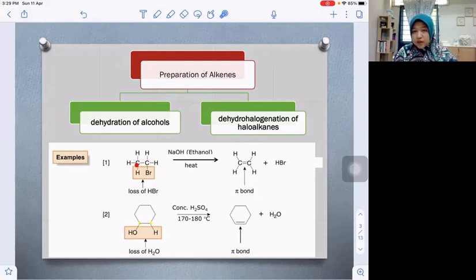When this haloalkane is reacted with sodium hydroxide in ethanol in the presence of heat, bromine and also hydrogen will be lost from the starting material. When this H and Br are released, the two carbons will form a double bond. So from bromoethane, it now turns to ethene. So these are two methods to prepare alkene.